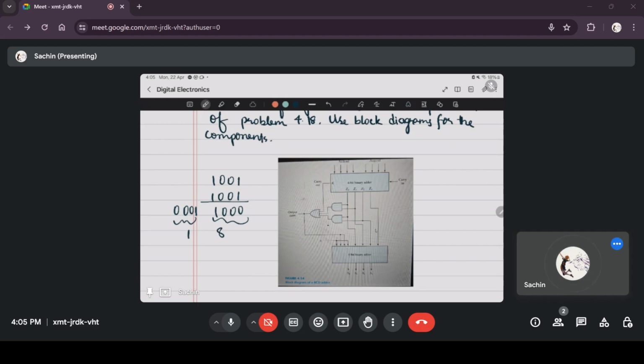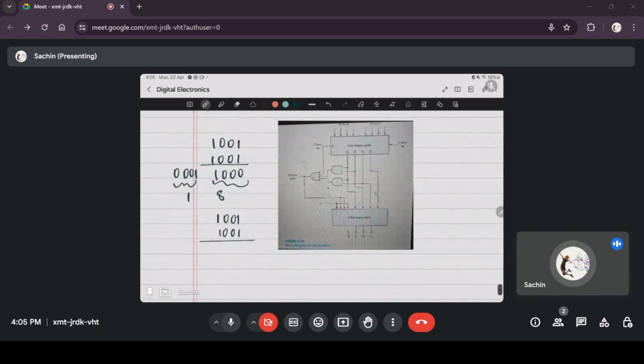Now, if you simply add 1001 with 1001 using a binary adder, you will get 1 plus 1 is 0, carry 1, and so on, so you get a carry of 1 with 0010, which is not the same as the 8 that you needed.